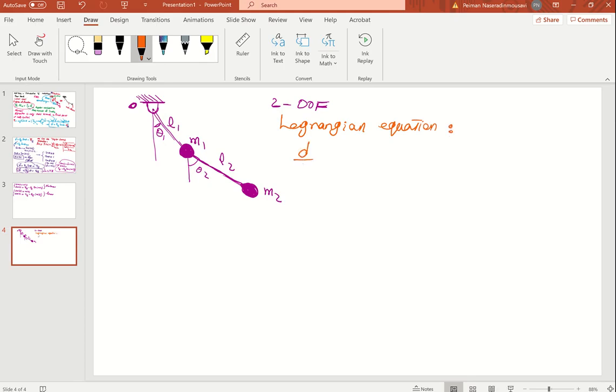The Lagrangian equation is the time derivative of the partial of the Lagrangian function L over the partial of q dot k, minus the partial of L over the partial of q k, equals tau k, the control torque.